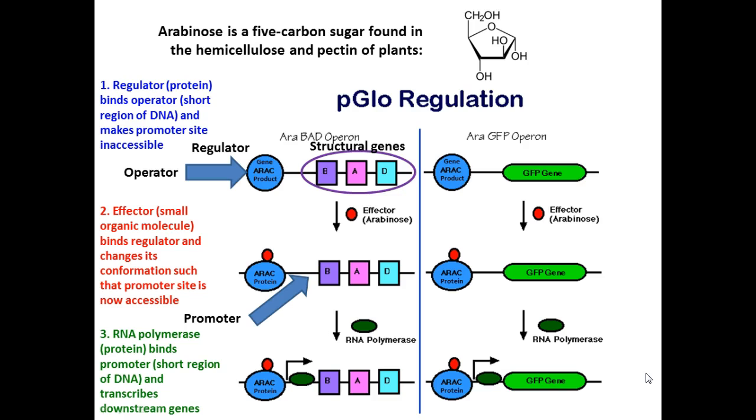So, under what condition will they make green fluorescent protein? What do they have to have? They've got to have arabinose, right? We've got to give them arabinose so it will bind to the regulator, allow the promoter to be available and RNA polymerase to bind, and they'll actually make green fluorescent protein.